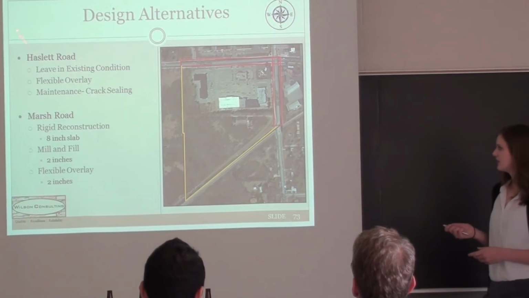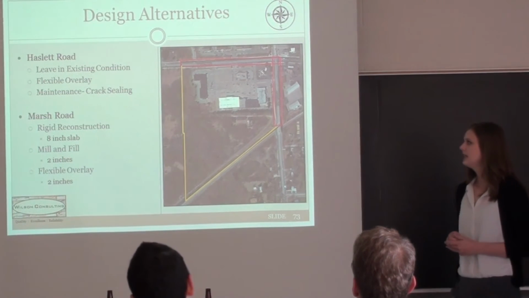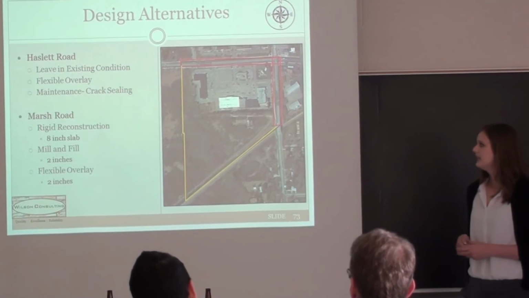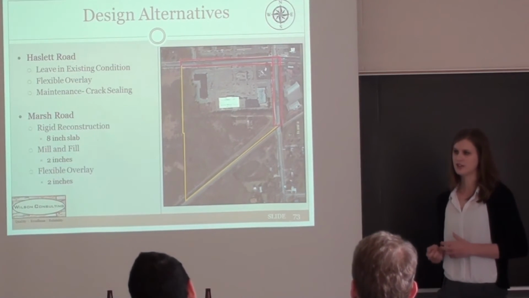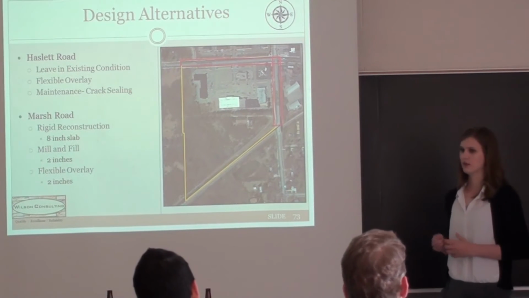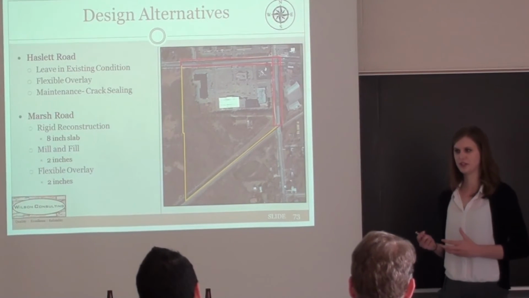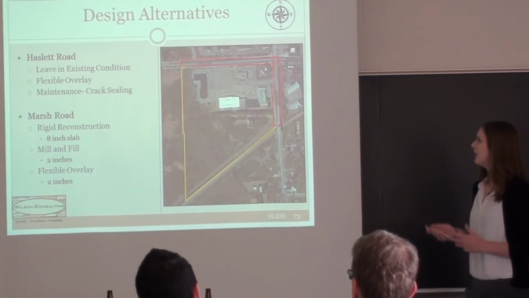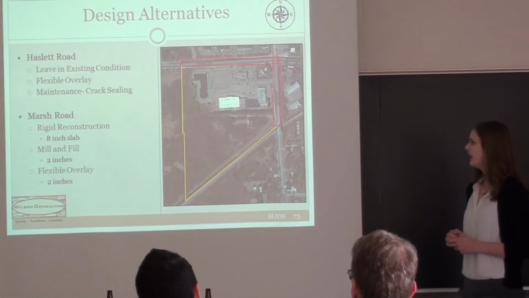Because of this, 2 other design alternatives were considered: a flexible overlay and just maintenance of crack sealing. For the flexible overlay, this was calculated using the AASHTO 93 overlay design, and when this was done, it gave us an overlay of 0 inches, just because it's still in really good condition, so this was automatically excluded as an option for Hazlet Road.